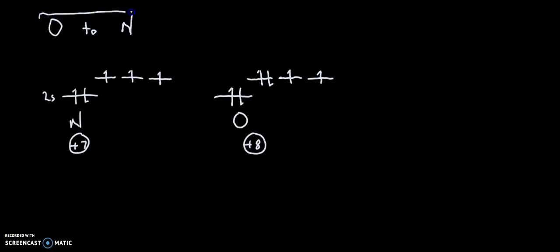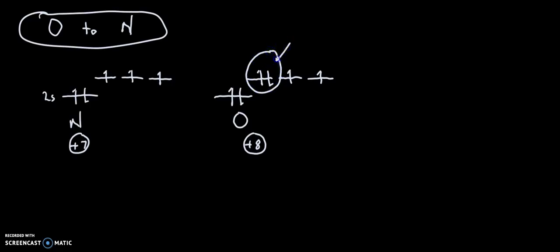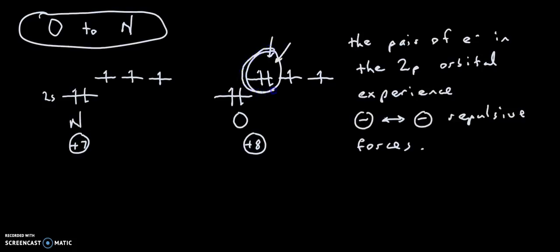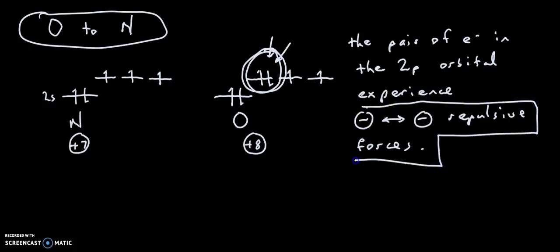Now let's take a look at why we see a kink in the first ionization energy pattern as we progress from nitrogen to oxygen. The thing that we see in oxygen is our first set of paired electrons in the 2p sublevel. This pair of electrons in a single 2p sublevel orbital experience negative to negative repulsive forces.